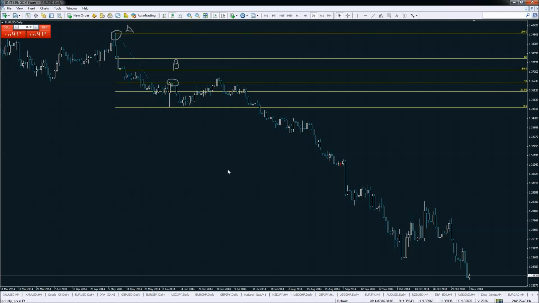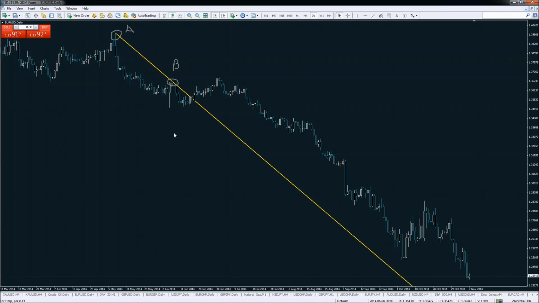It is our old and very well-known technique to measure whether the trend will be sustained. After we know that, we place a trend line connecting the two tops of those points.